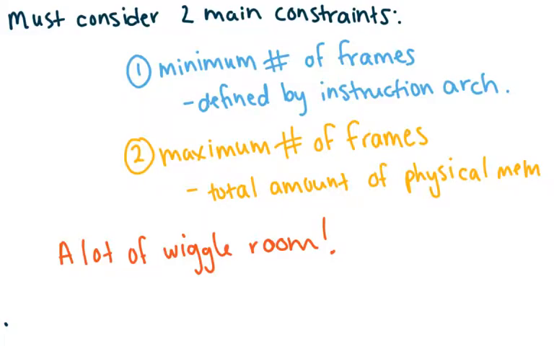The first is a minimum number of frames that each process will get, and this is defined by the instruction architecture. The instructions in a given hardware architecture have different minimum frames that they need, since some instructions span multiple pages.